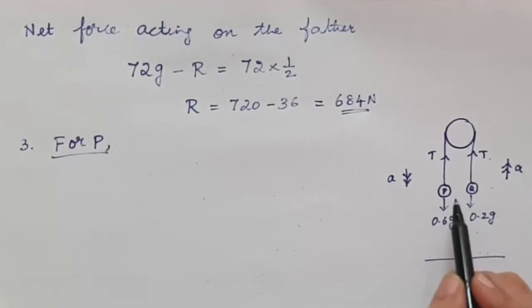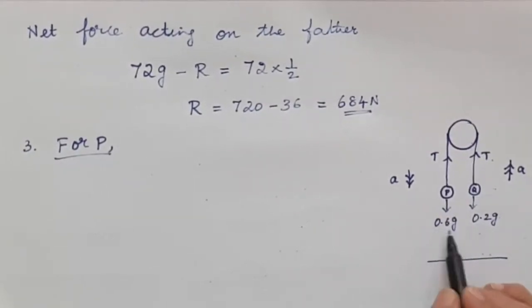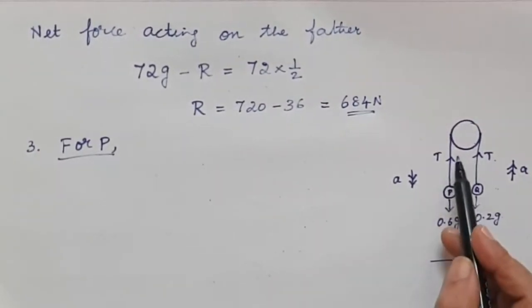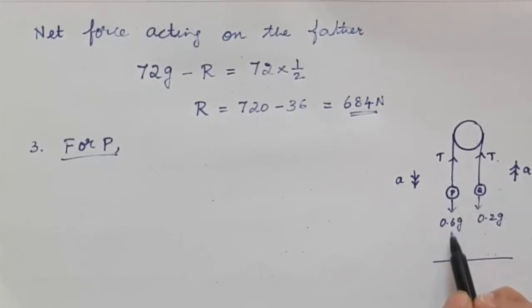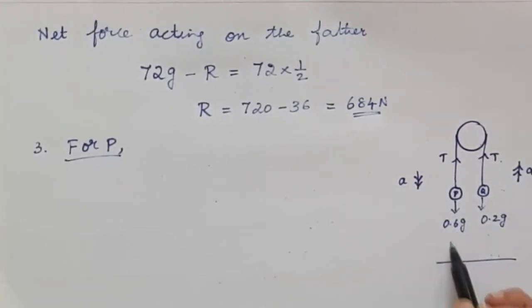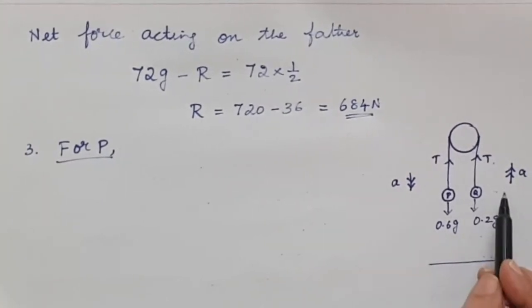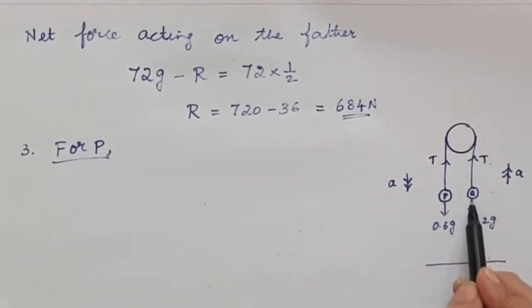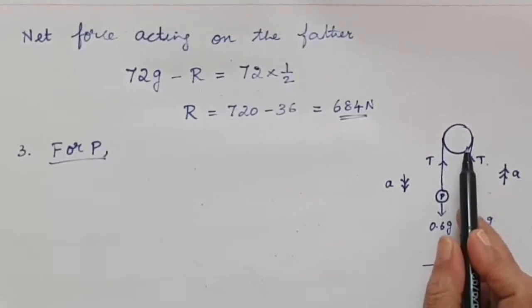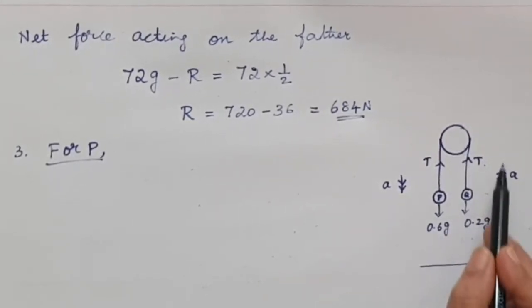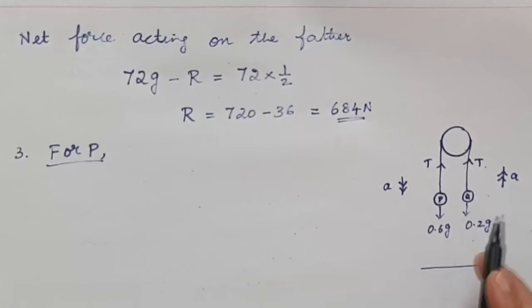Now, the particle P is heavier than Q. So when the system is released, P has a tendency to come down. So the acceleration will be in this downward direction. Here Q is lighter, so the particle has a tendency to move up. So the acceleration is upward over here.